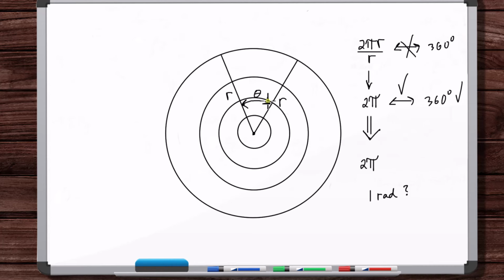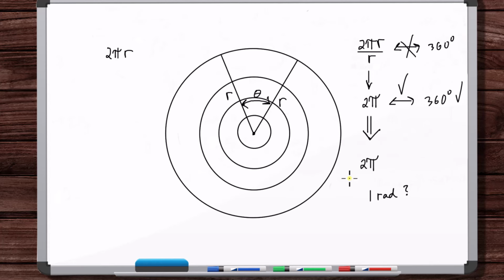And so the idea is you've gone 1 radius around the circle. That's what a radian is. And when you've gone all the way around the circle, how many radiuses have you gone? You've gone 2 pi radiuses. That's the idea. That's how this represents the amount you've rotated around any circle from an angle perspective.